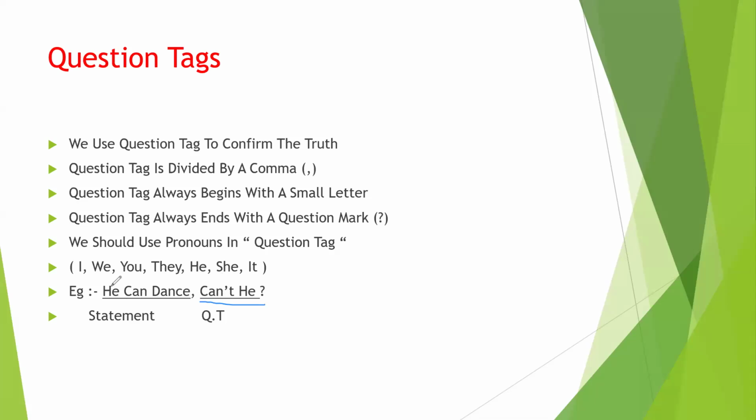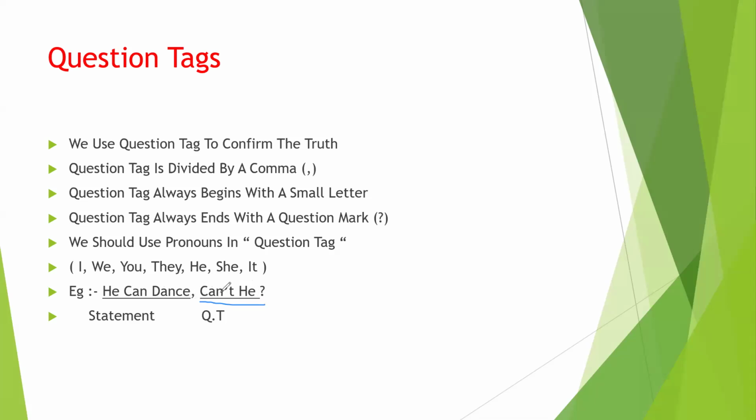First we write the subject at the end, in the question tag. Then we choose the main verb or helping verb. Here can is a helping verb, so we write can't.